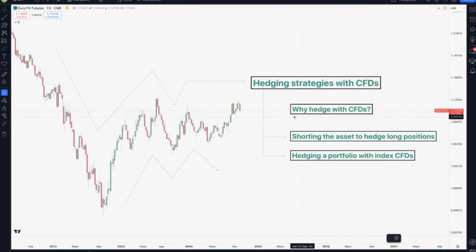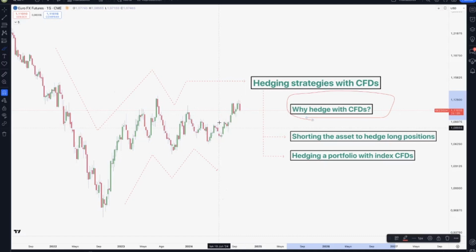So let's just start talking about why hedge with CFDs, okay? It's particularly appealing because it allows traders to, first of all, mitigate risk, which we always want to achieve, right? So protect against adverse price movements in stocks, commodities, currencies, or any other asset. Second, leverage. CFDs are typically traded on margin, so you can hedge with a smaller capital outlay.